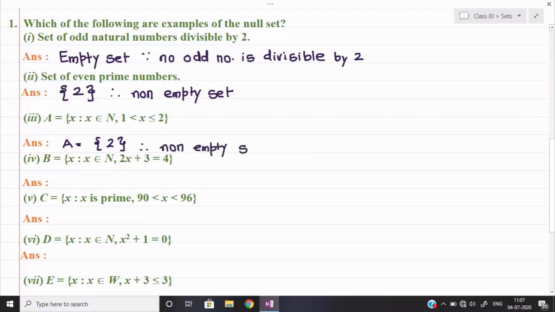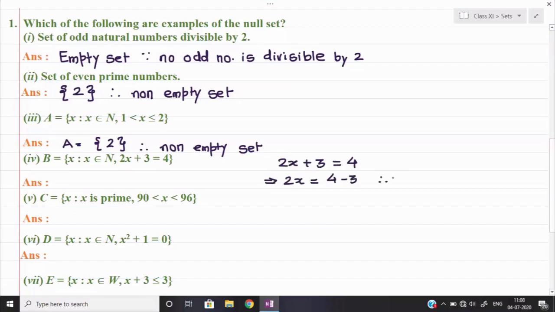Now similarly, the next part is x belongs to N, and we have been given one equation. With the help of this equation we need to find the value. So see in rough, what equation we have been given here? 2x plus 3 is equal to 4. Okay, so if I solve it further, 2x will be equal to 4 minus 3, which means it will remain 1.